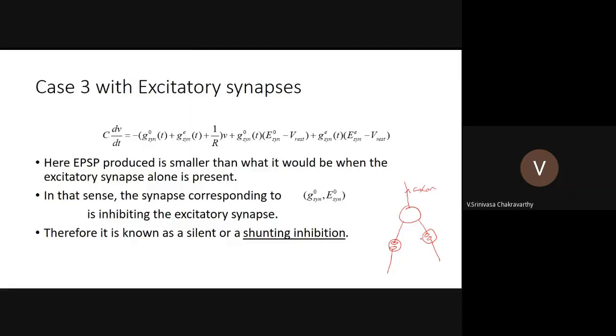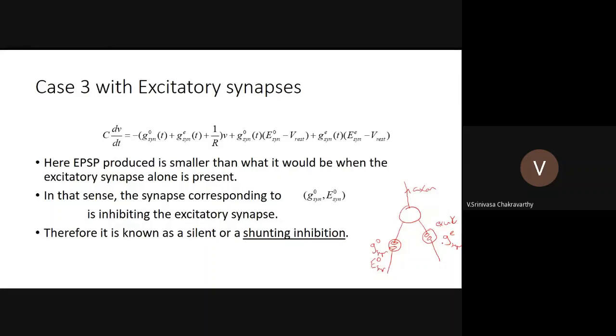So imagine the neuron has this kind of channel where V_rest is equal to E_syn. We'll denote it by zero, so I'll call this G_syn^0, and the corresponding E_syn^0. And similarly, there is an excitatory channel where the conductance is G_syn^E.